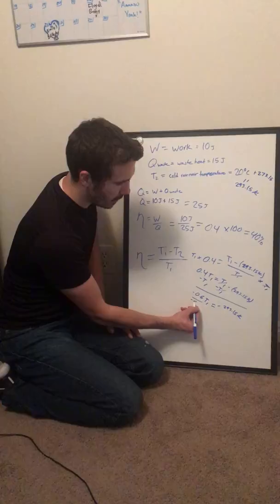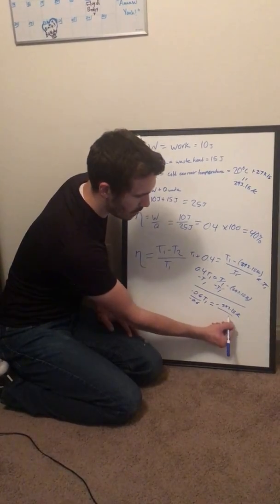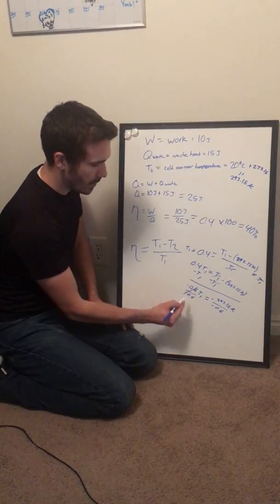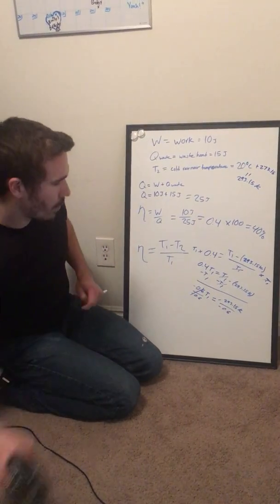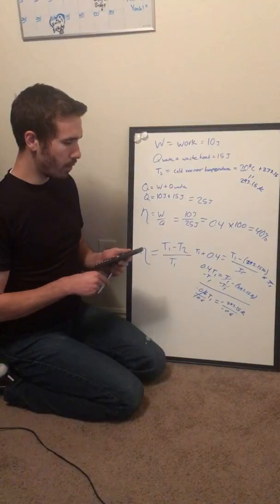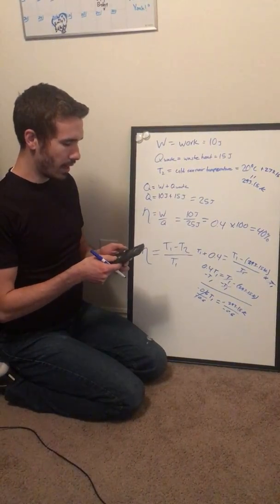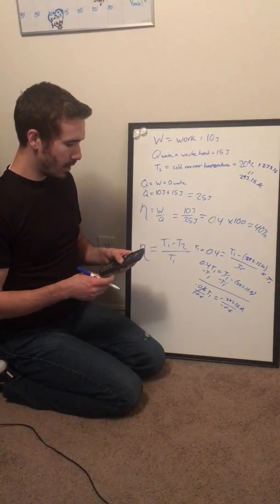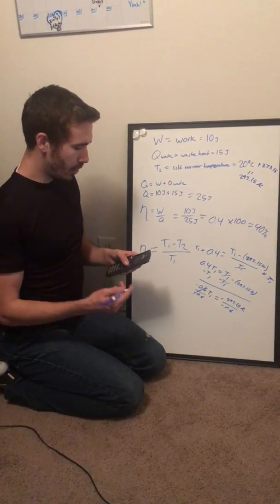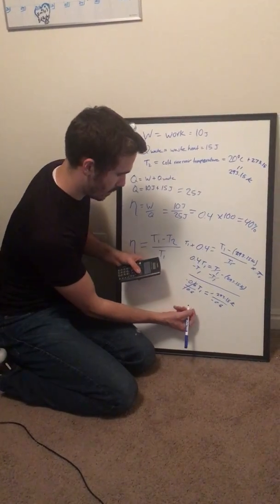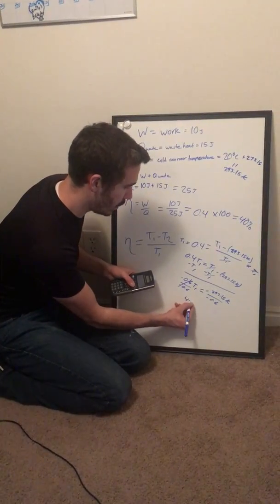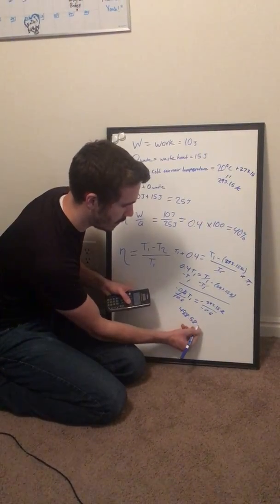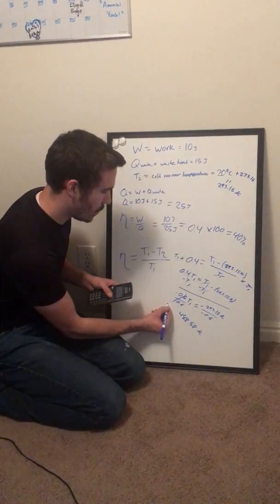So we divide by negative 0.6 on both sides. This cancels out, and when we divide negative 293.15 by negative 0.6, we should get 488.58 Kelvin, which is our T1.